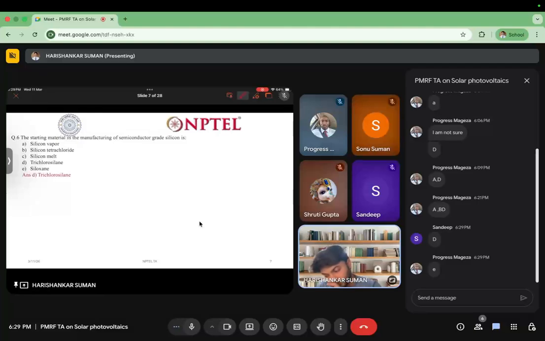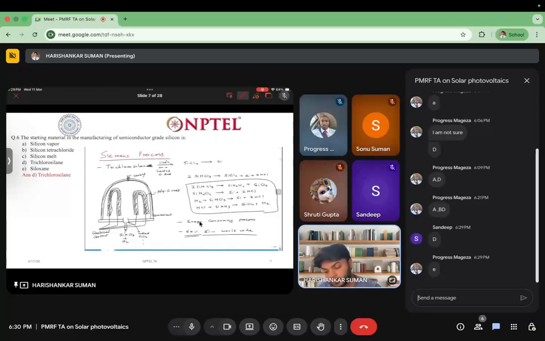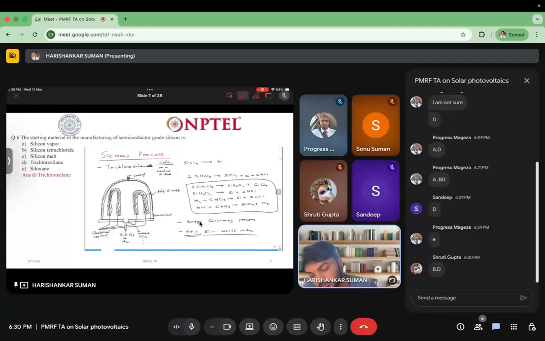So the option is trichlorosilane. Please see, this picture is taken from the lectures. In the Siemens process, trichlorosilane is the starting material. We have to heat it at around 1100 degrees Celsius on a heated silicon rod. It will convert to SiCl4 and then to silicon, semiconductor grade silicon.